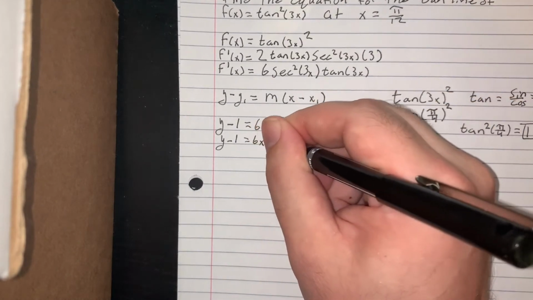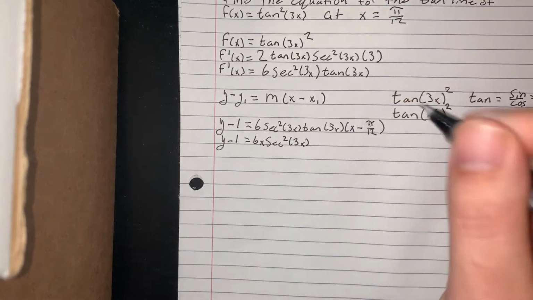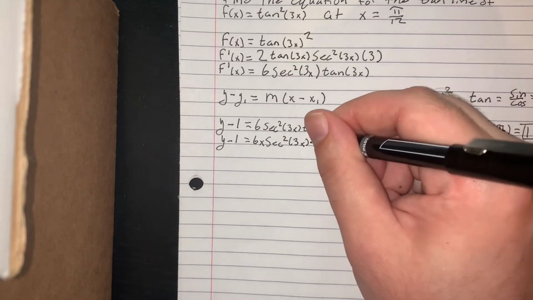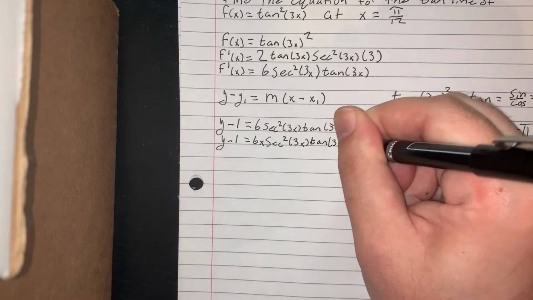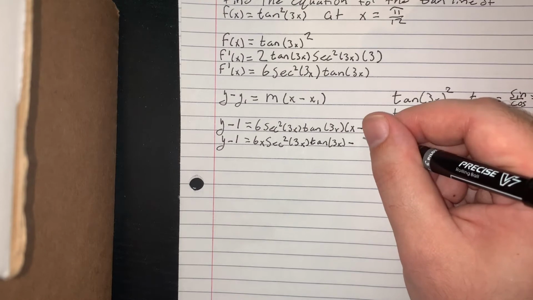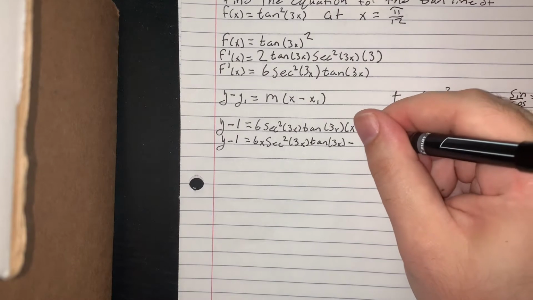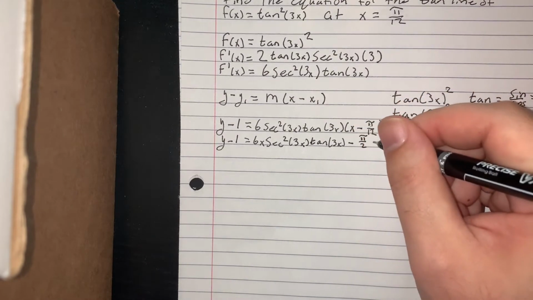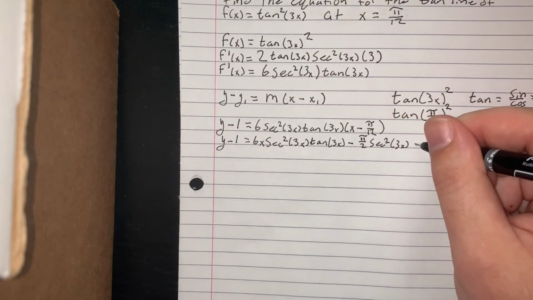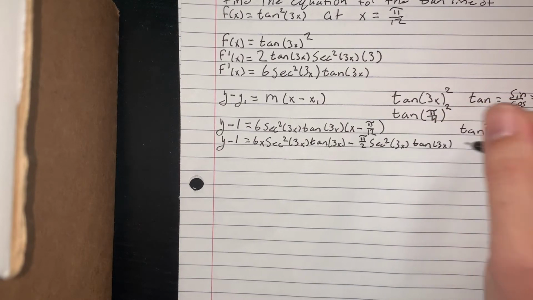So 6x secant squared of 3x tan 3x, and then by that next term, so negative, I'm just going to simplify this 6 times pi over 12, so that's just going to be pi over 2 of secant squared 3x tan 3x.